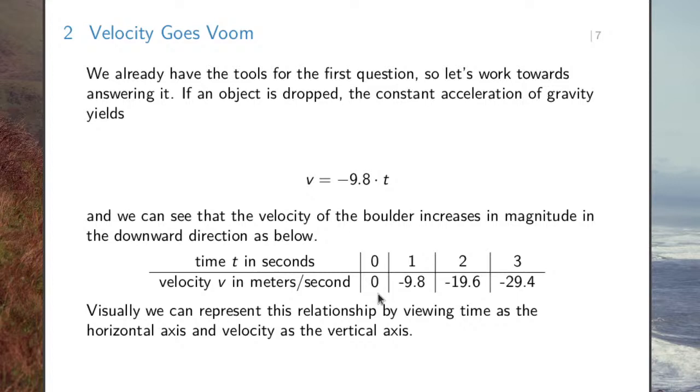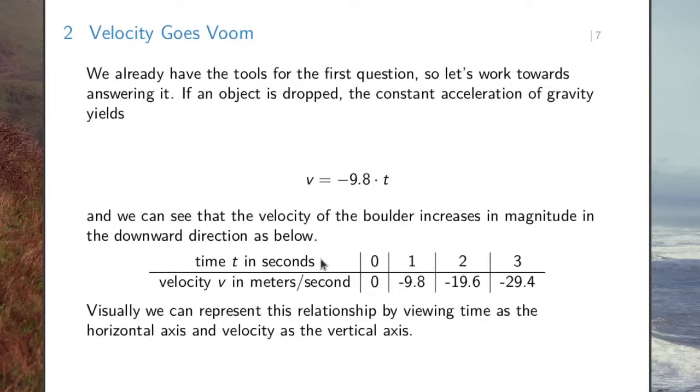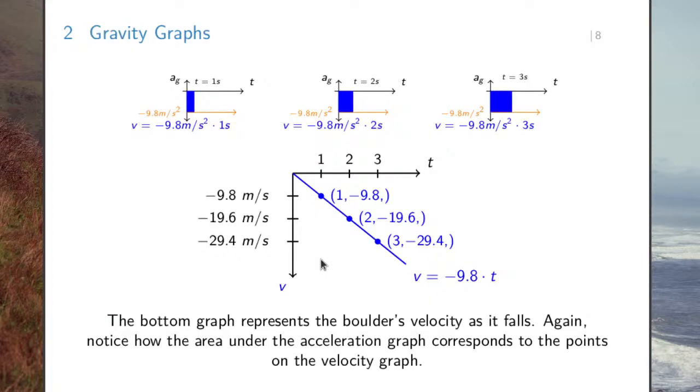So this is the example, again, where if we drop the boulder, it's 0 meters per second, and then gravity acts on it for 1 second, 2 seconds, and its velocity increases in magnitude in the downward direction. Yeah. And we'll get back to this first question, but let's revisit this one first and just remember what we know, and we can graph it, yeah?